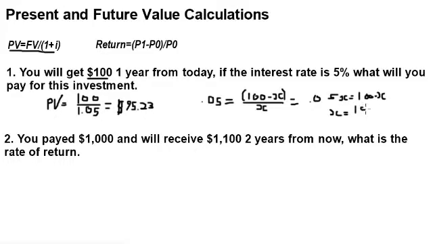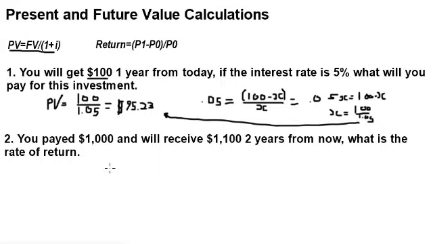So it's almost a long way of getting to the present value, but all the same, it does get us there. And if we punch that into our calculators, we get the exact same answer, $95.23. I think this is a pretty standard example of the type of question you get in an introductory econ class, and this idea of present value and future value is quite important for that.